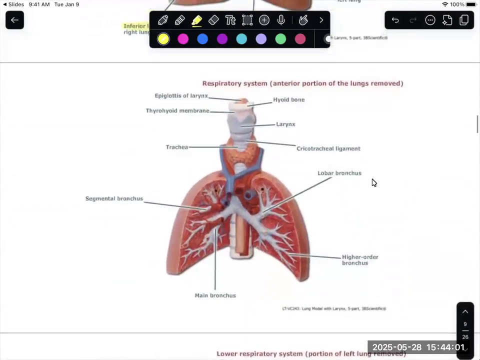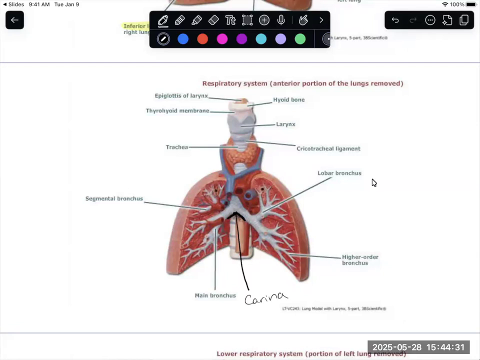So here we can start to see inside of the lungs. When the trachea comes down, there's this spot right here. Let's try this. Right here where that trachea is going to split. Where that trachea splits, this is known as the carina.